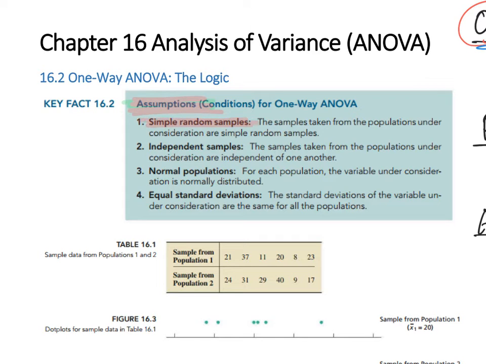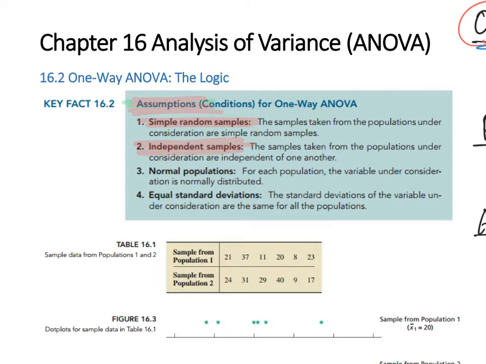Basically, we have a random sample. Most of the samples are random. And the samples must be independent. When we apply the pooled t-test, another way I said it is the independent two-sample t-test, right? So the second assumption means we have independent groups.